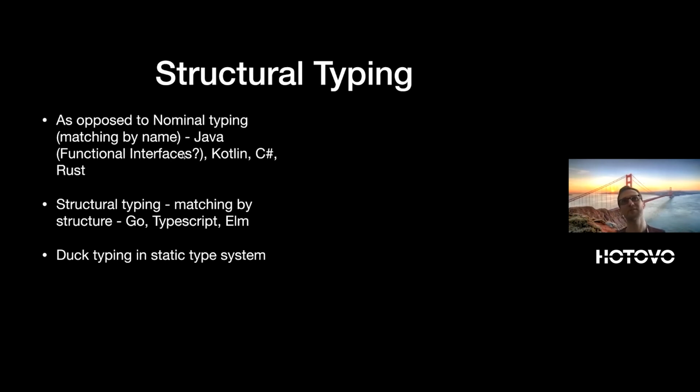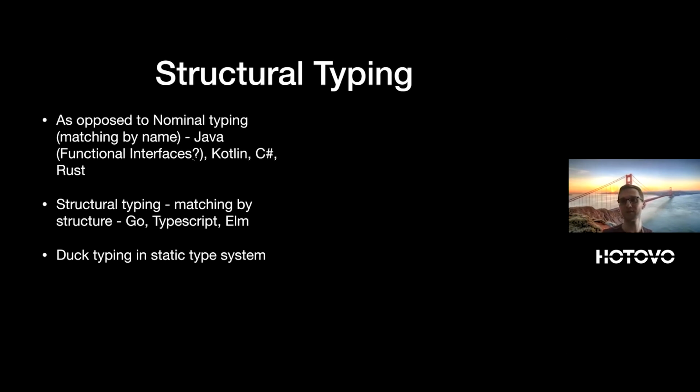With the exception, I think, that functional interfaces are structural typing, because you might have a functional interface which has a single method, but it's a named interface. So it has a name. But if I use it as an argument to some other function, I can pass a function, a lambda.